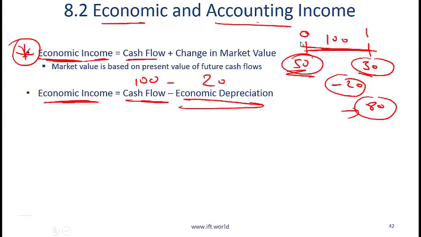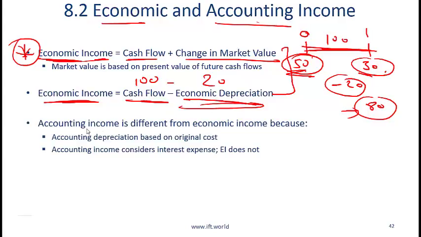So these two are just exactly the same formula, just the plus minus is different, because whenever we say change in value, it is end value minus beginning value. When we say depreciation, it is beginning value minus end value. So it is the same formula. You can pick which one you prefer and use it.